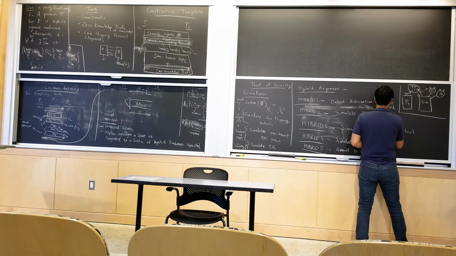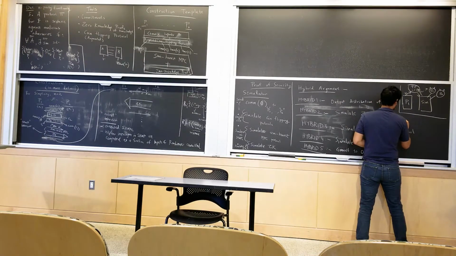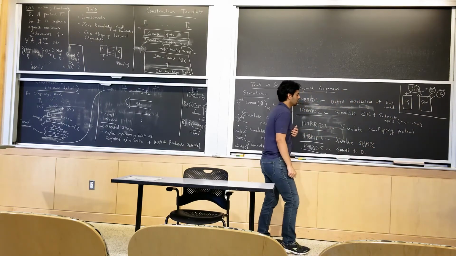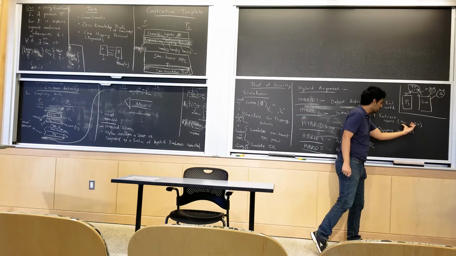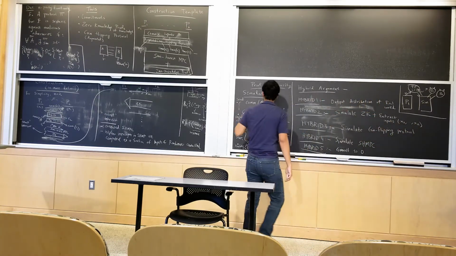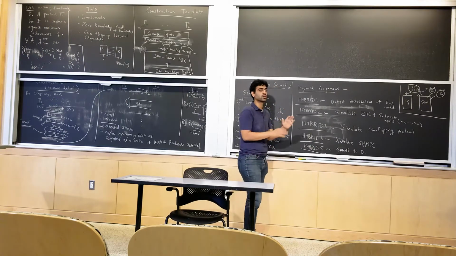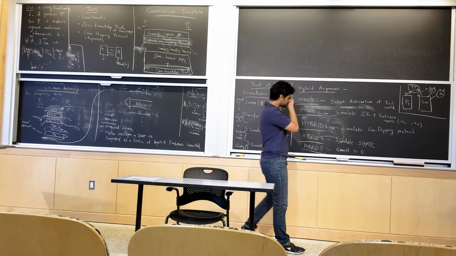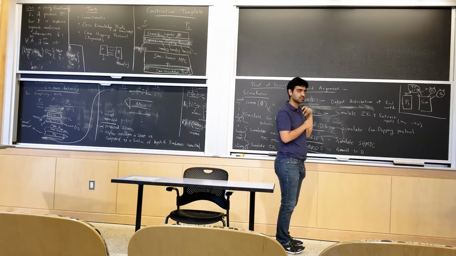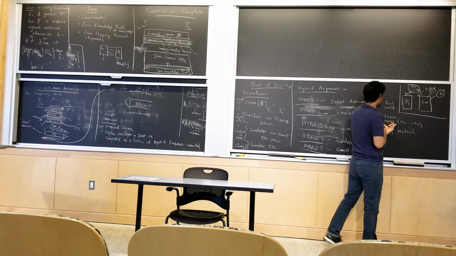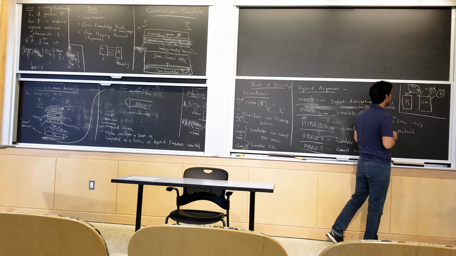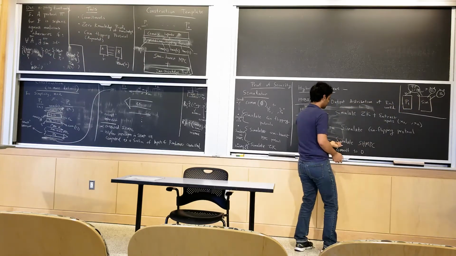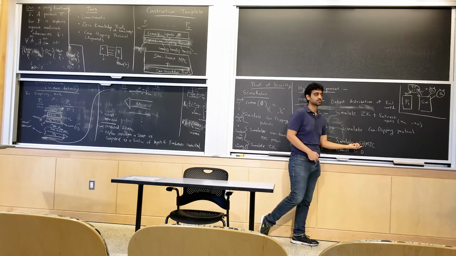And what are these x2 to xn? It's what the adversarial party has committed to in the very first round. Is this clear? So once the simulator extracts, it is going to send this to the trusted party. He's going to get the function's output, and actually he's going to use this output to simulate the semi-honest MPC protocol.